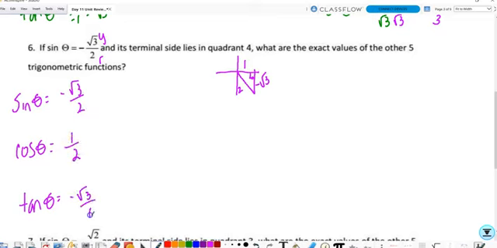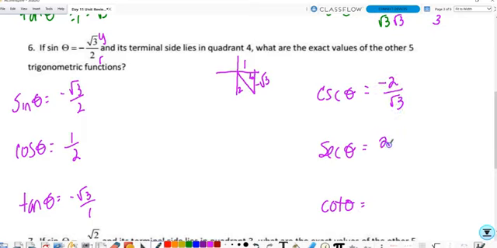Tangent is y over x. Nothing has to be simplified, so let's reciprocal. When I'm taking the reciprocal of a negative, you put the negative in the numerator. That's the nicer looking location.